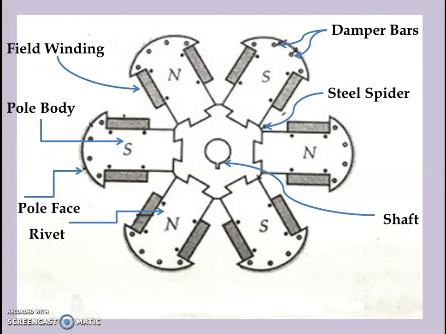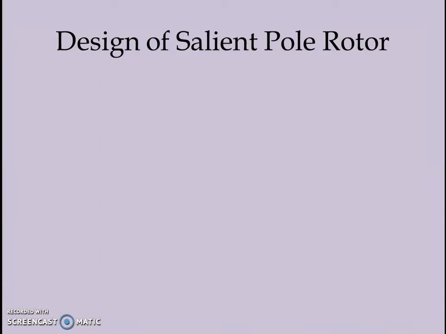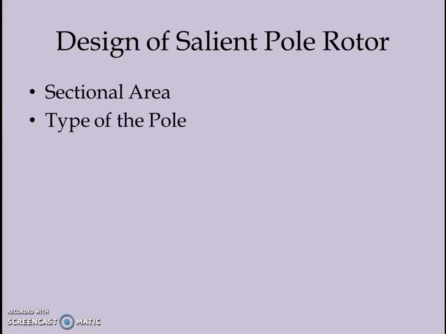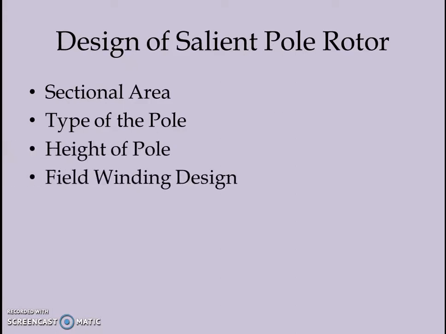In this video lecture, we are going to design the dimension of the pole as well as the dimension of the field winding. So let us see how we can do a complete design of salient pole type of rotor. We should calculate the sectional area of the pole, then the type of pole, whether it is a round type or a rectangular type, then the height of the pole, field winding design, and at last damper winding design.